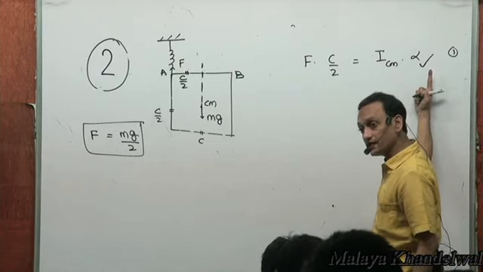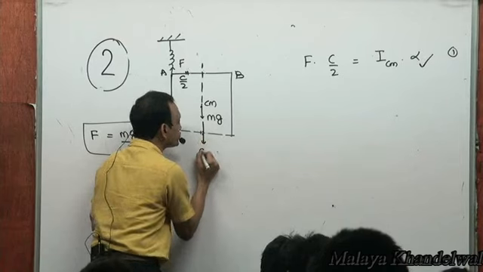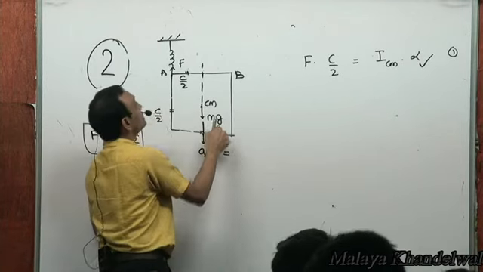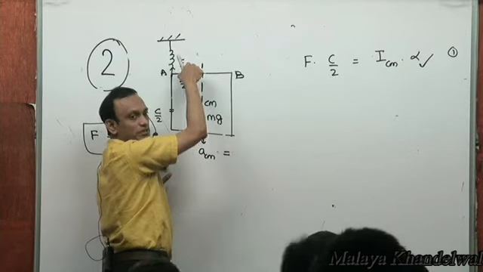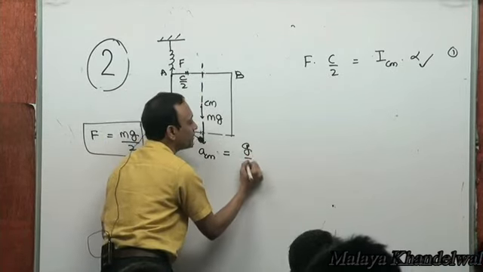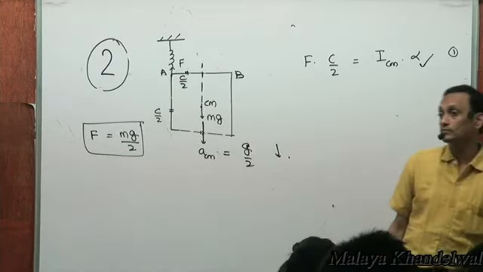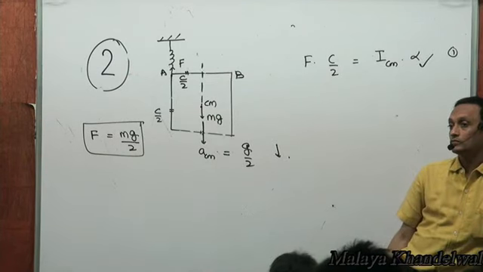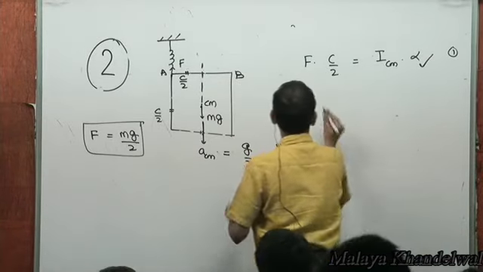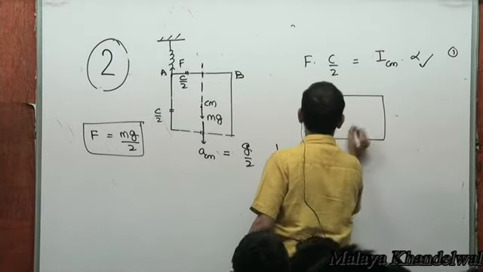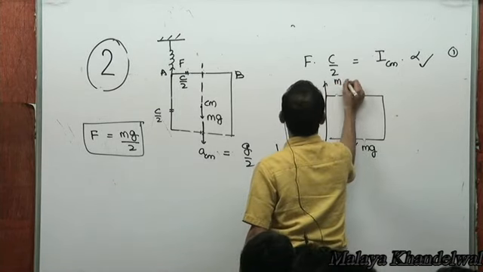Alpha can be obtained. And what about the acceleration of the center of mass? mg minus mg by 2 divided by m, that makes it g by 2 downwards. That's the acceleration of the center of mass in this case. No? What is the net force acting? mg downwards, spring force mg by 2 upwards.